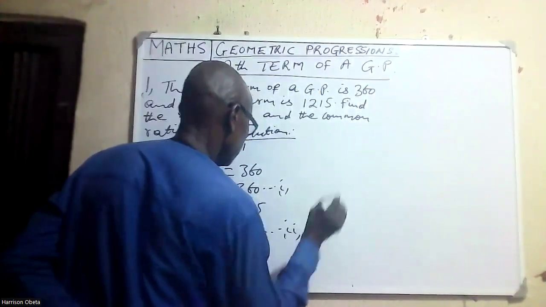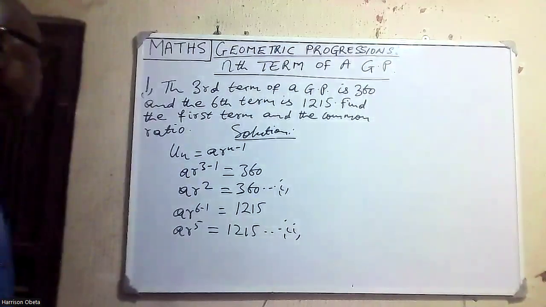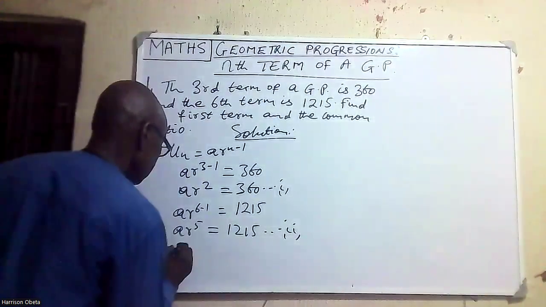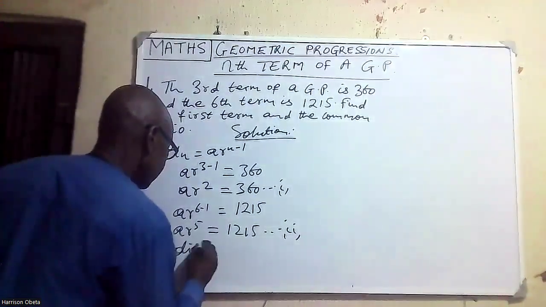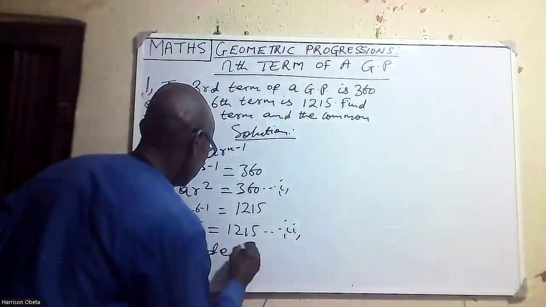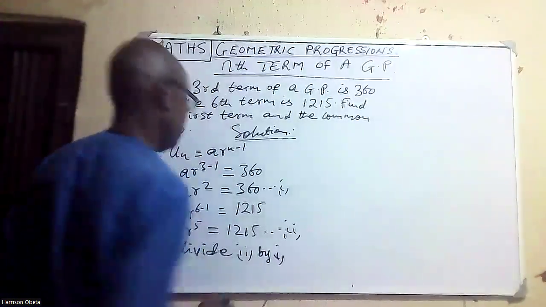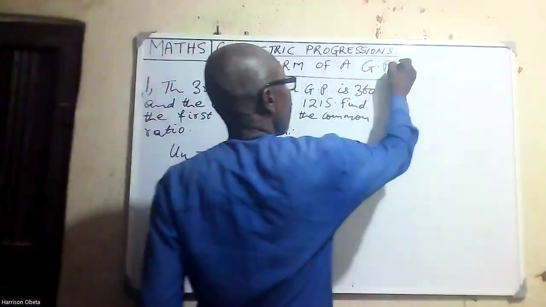This is equation 2. So we can continue by trying to divide equation 2 by equation 1.